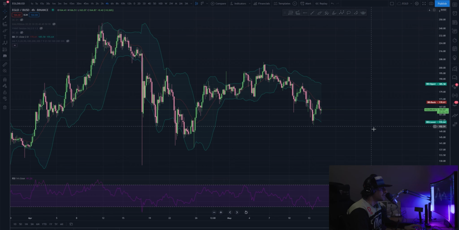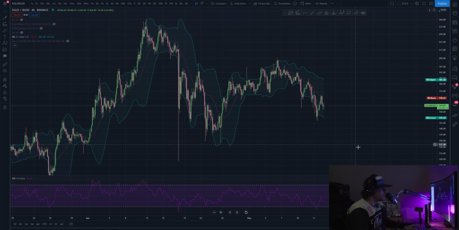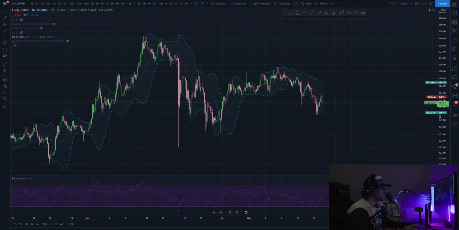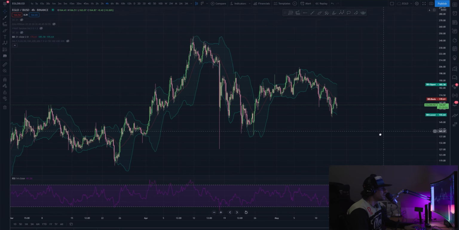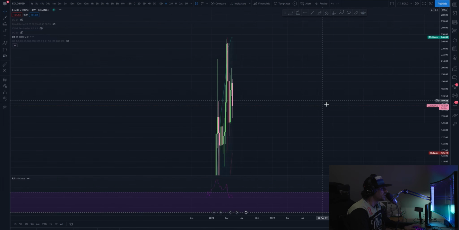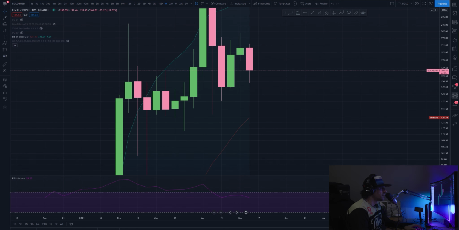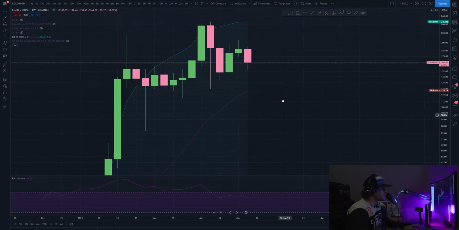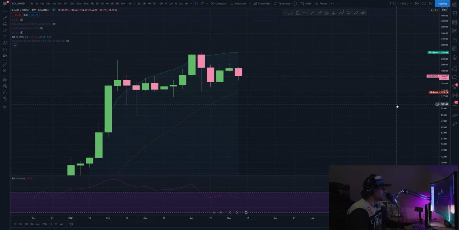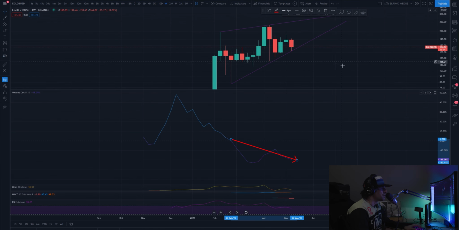This is what I think. At that moment, I will not be surprised if Elrond retraces around 126, 127. And if the moving average on the weekly chart is not holding right here, it is possible that we go lower, like I showed you before.